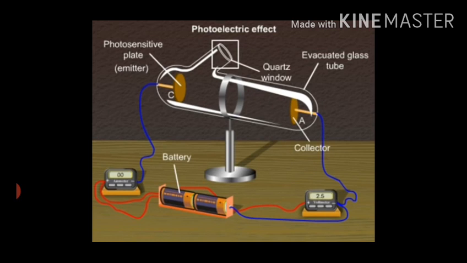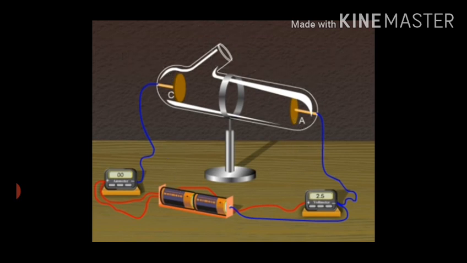Now, monochromatic light from a source of sufficiently short wavelength passes through this window and falls on the photosensitive plate, that is C. Because of the photoelectric effect, electrons are emitted by the plate C and are collected by the plate A, which, as I told you, is known as the collector.